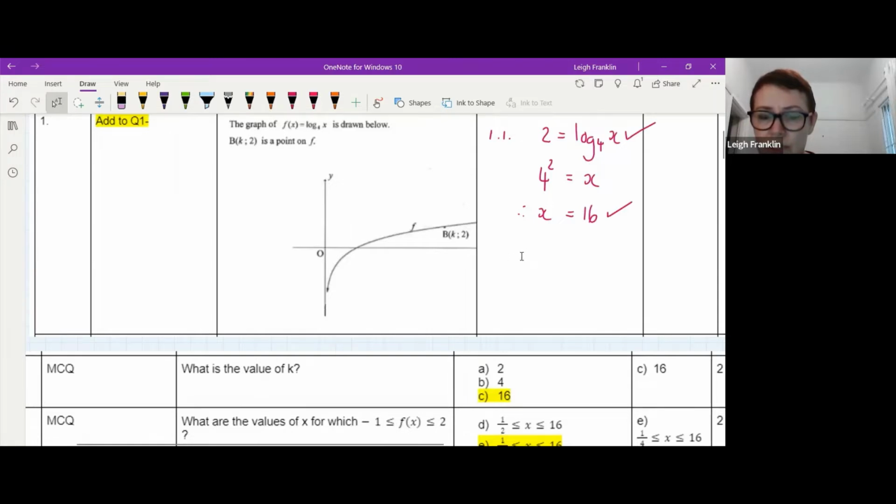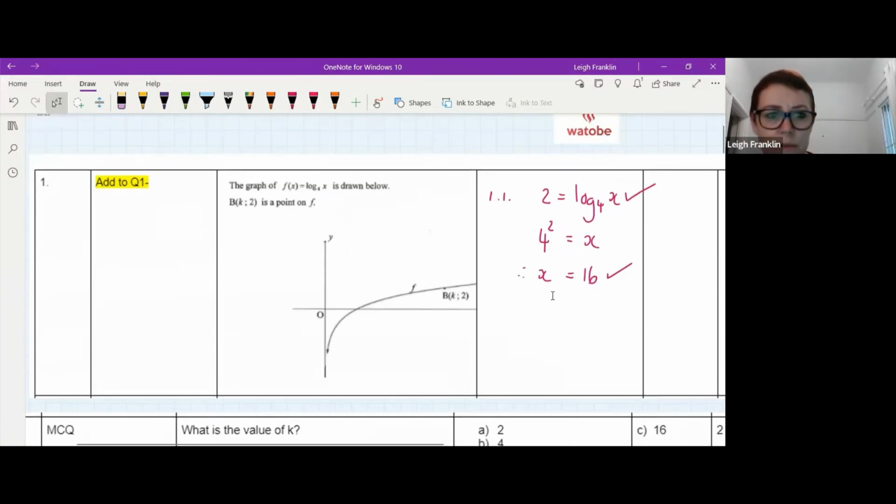Sorry, so k is equal to 16. I said x is equal to 16, but it's the same thing, k is equal to 16. What that means is that when your input is 16, your output is 2. So 16 goes in, and 2 is what comes out.